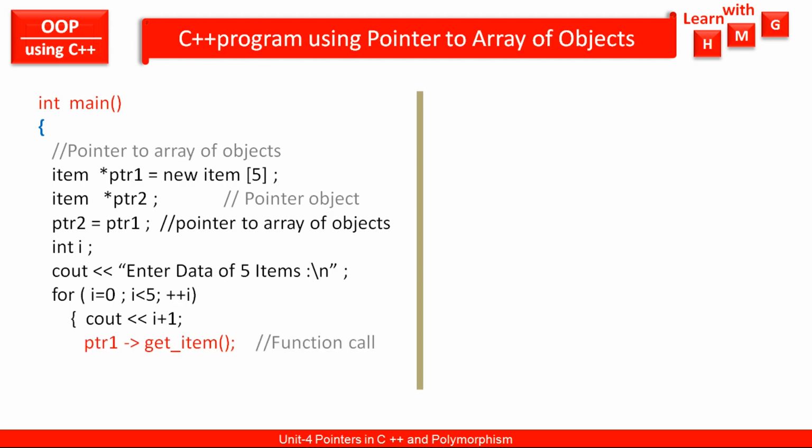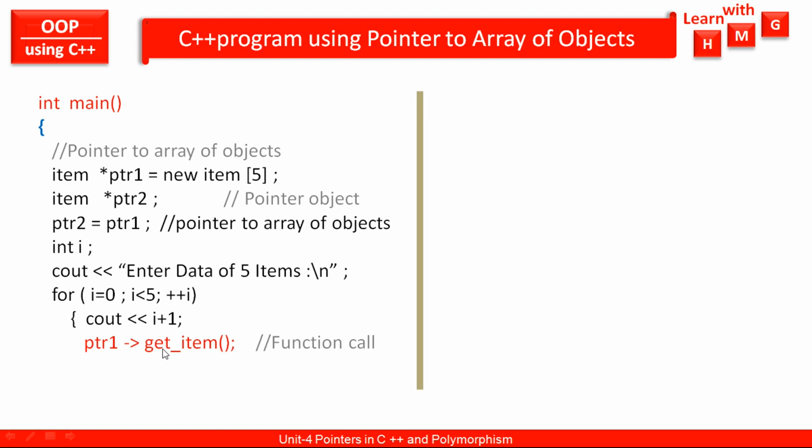Now call the get item function using ptr1 and the arrow operator. So this is the function call, ptr1 arrow get item. Here ptr1 is calling the get item member function using the arrow operator, and it is currently pointing to element number 0, so the pointer will call get item for object 0 of the array.